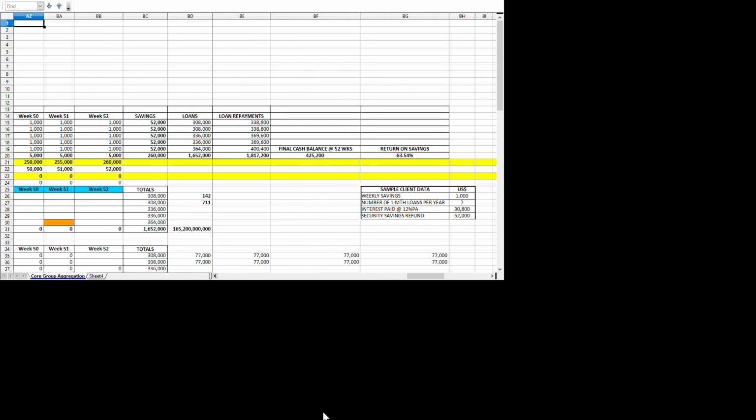Now, before closing, I want to show you a sweetener. If the group takes this 425,200 and invests it in year 2 of the same methodology, so they don't take it out, they leave it there, and they continuously save $1,000 again each week.